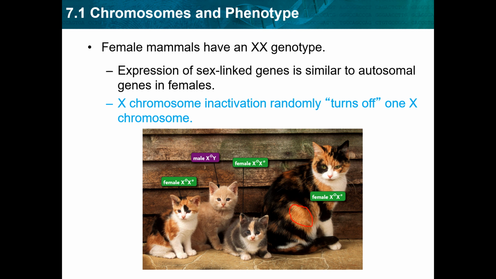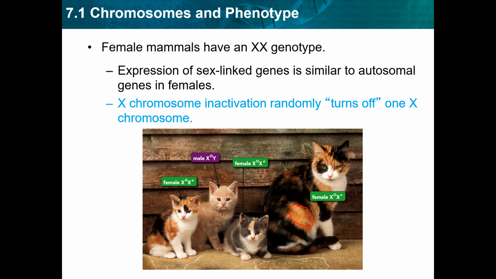Whereas these darker patches right here, these skin cells inactivated the opposite X chromosome, which caused the genes affecting skin color on that X chromosome to be expressed, so that you had the black fur. Same thing over here.